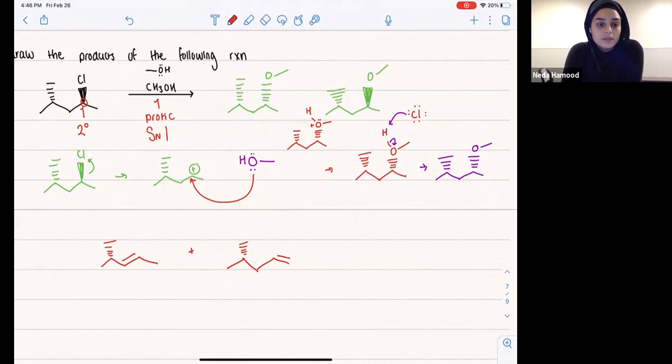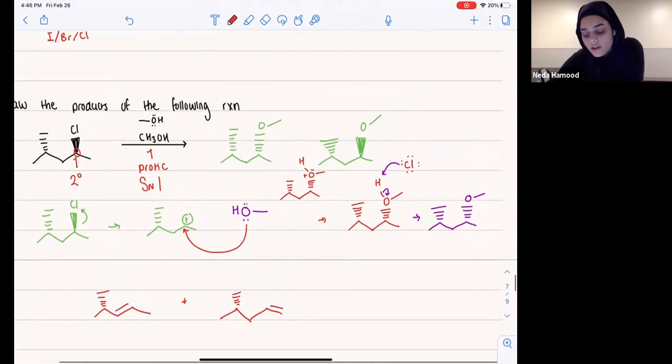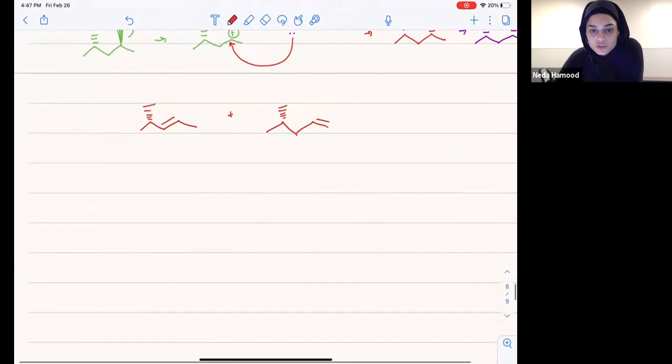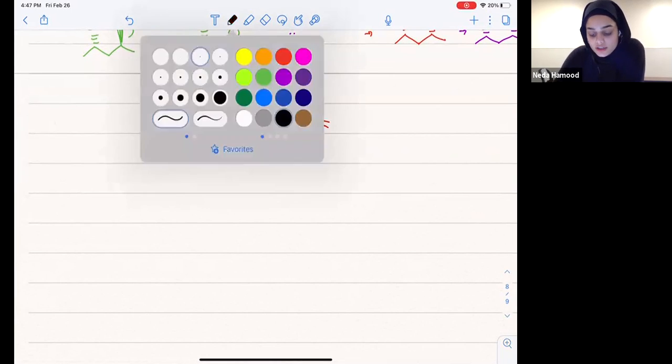Awesome. So yeah, SN1, the rate of this reaction would be K times this, with our original chlorine structure. And then let's say that we're changing the substrate.